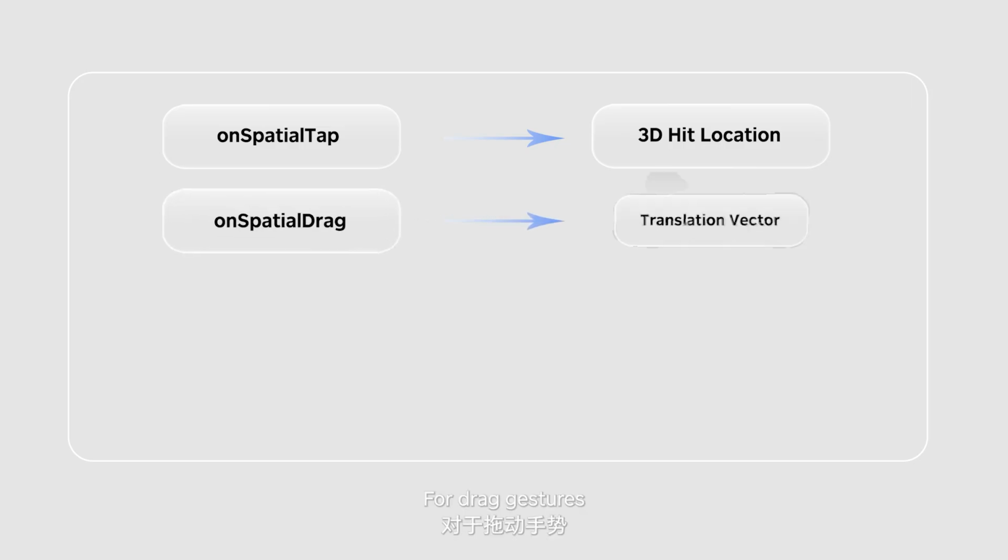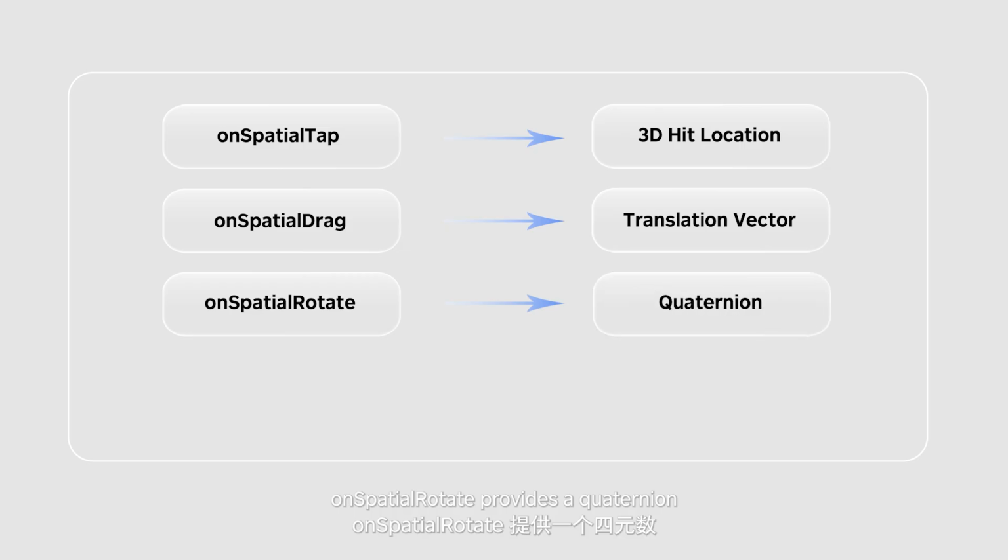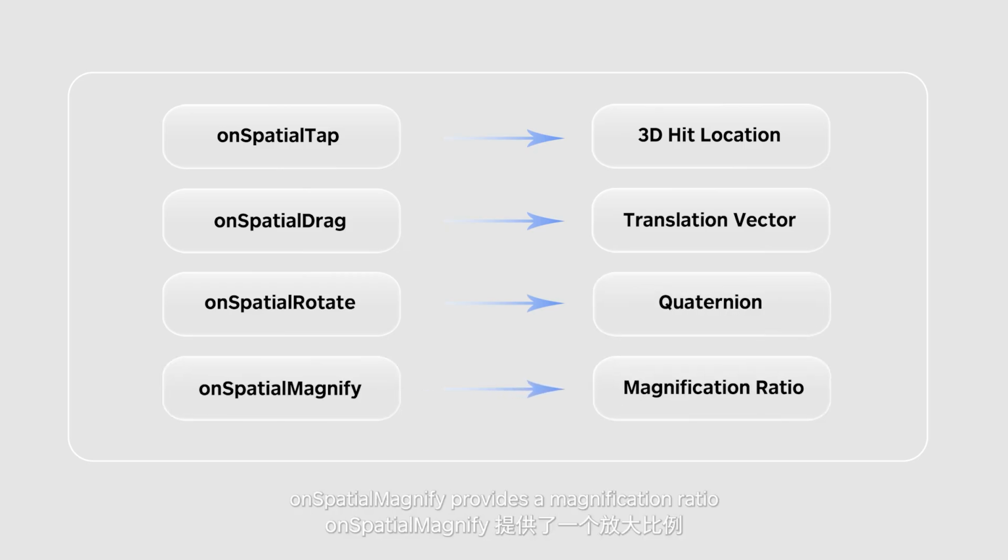For drag gestures, onSpatialDrag provides a vector that tells you how far the gesture has moved since drag start. For rotation, onSpatialRotate provides a quaternion. And for pinch to scale, onSpatialMagnify provides a magnification ratio you can use to update an entity's scale.